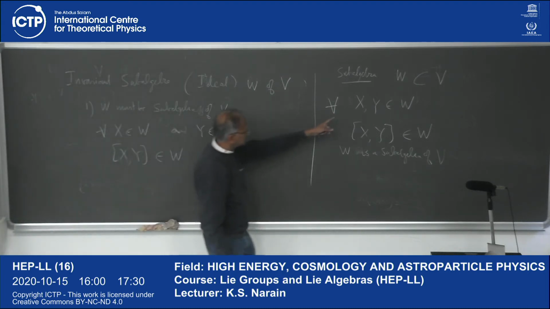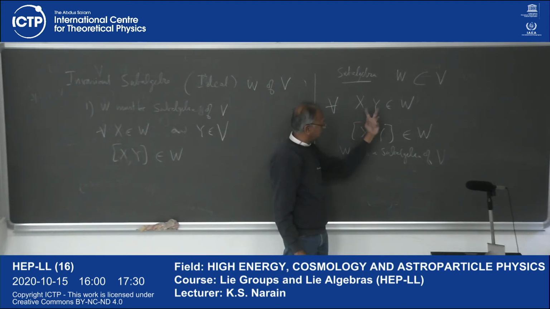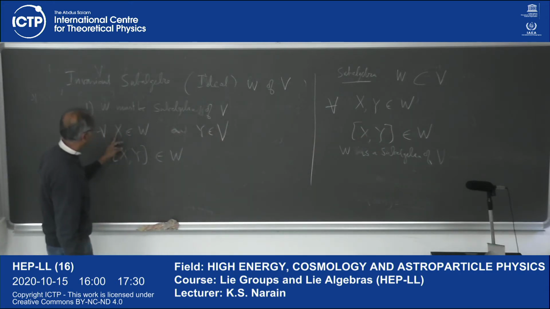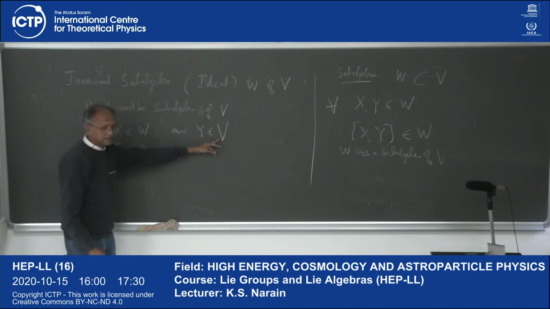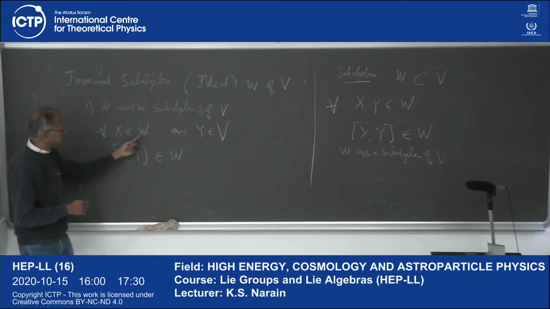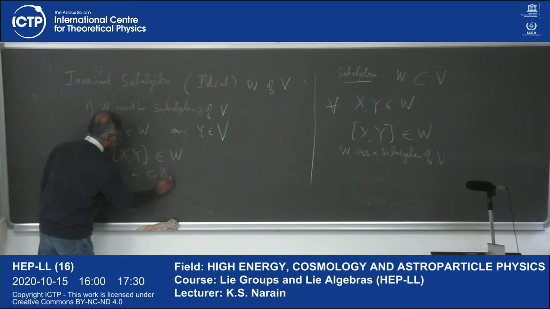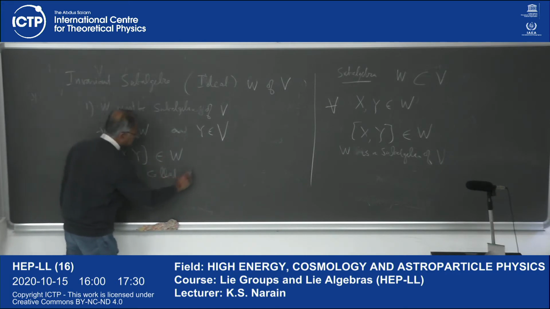Before, we required that X and Y both be in W. Now one of them is in W, and the other can be any element of the original algebra V, and the commutator is still inside W. If that happens, then W is called an invariant subalgebra or ideal.